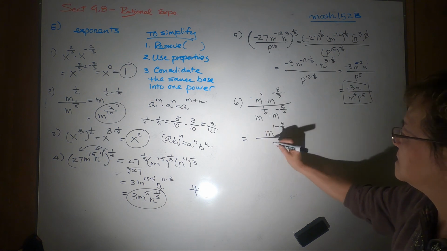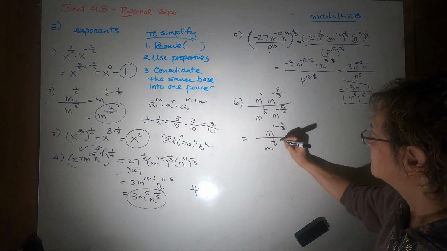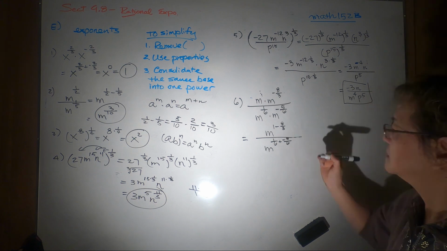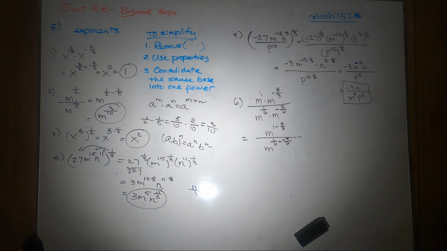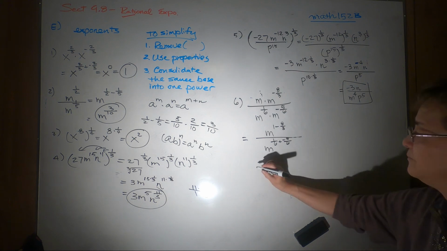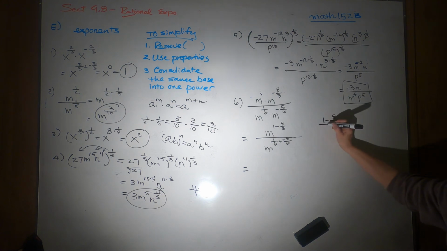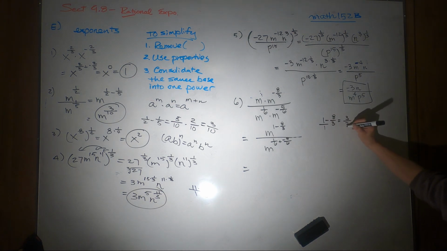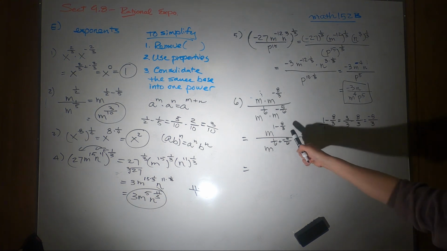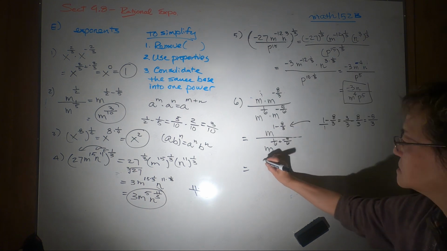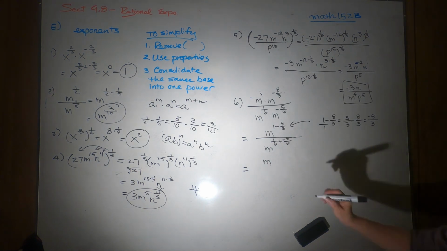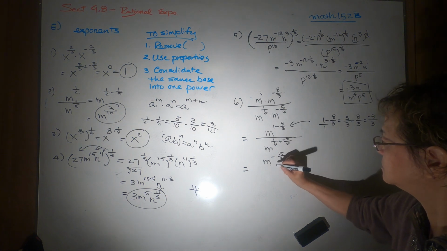Same thing on the bottom: 1/6 plus negative 5/6. 1 minus 8/3, do your math: with LCD 3, 3/3 minus 8/3 is negative 5/3. That is for the numerator, so you have m to the negative 5/3.